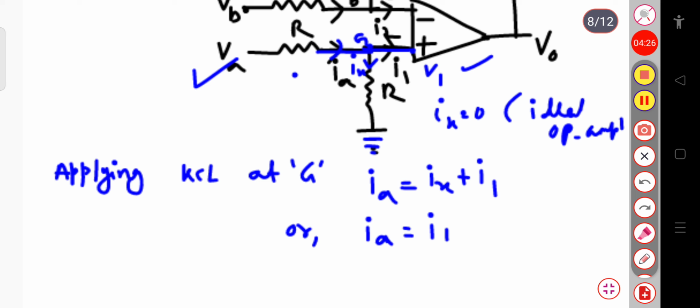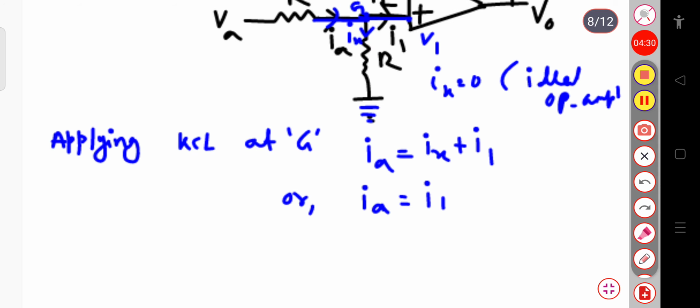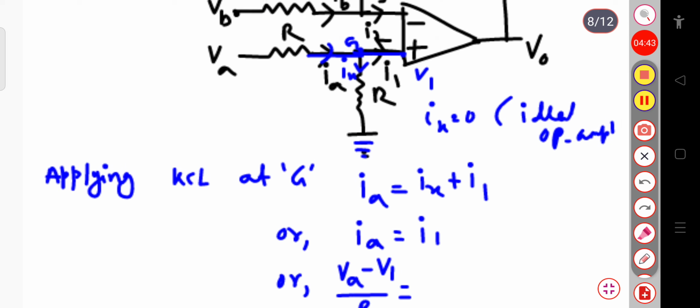Now writing the current in terms of voltage, for IA I write VA minus V1 divided by R, and that is equal to I1.